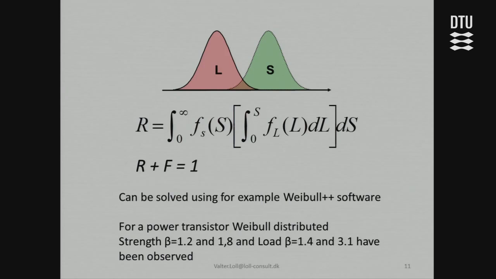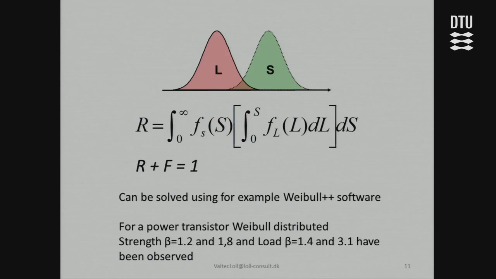Now, the general case of, for example, Weibull distributed load and strength curves can be solved, for example, using the Weibull++ software. I had a thesis at the Danish Technical University, which showed that for a power transistor, the strength was Weibull distributed with a beta of 1.2 up to 1.8.